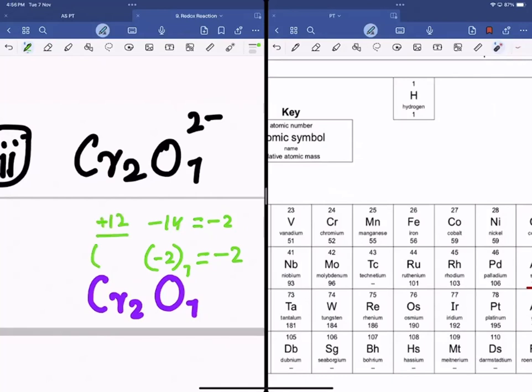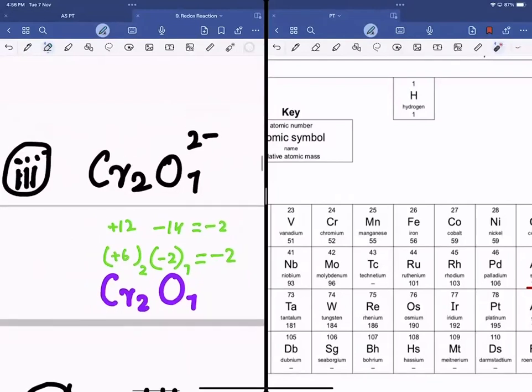And how many chromium atoms are over here? 2. So that +12 is for both the chromium. So what is the charge on one chromium? +6. Very good. Is this clear? Yes, Khatija? Yes.